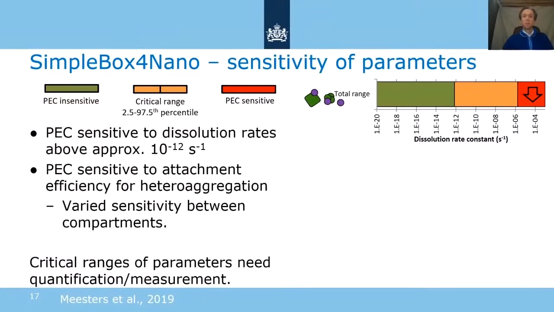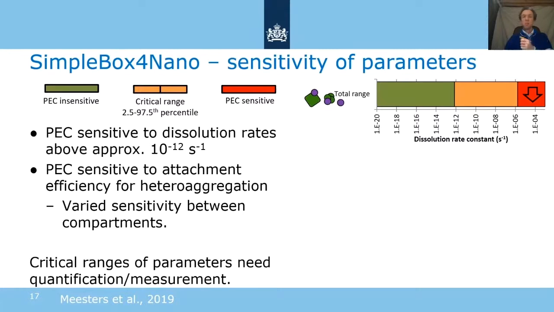What Joris Meesters did was vary these parameters and look at the change in concentration that gave. And he saw that for dissolution rates above 10 to the power minus 12, the PECs were sensitive for the total range of particulates, so bigger and smaller ones.